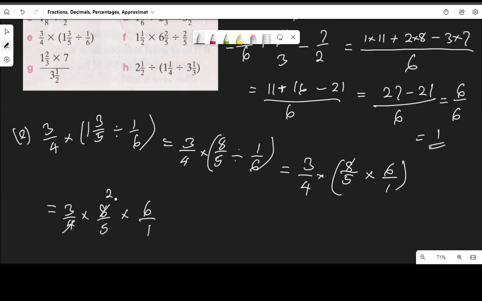Then 3 times 2 is 6, 6 times 6 is 36 over 5. 36 divided by 5, that will be 7 remainder 1. 7 whole number 1 over 5. And that is our answer for question E.